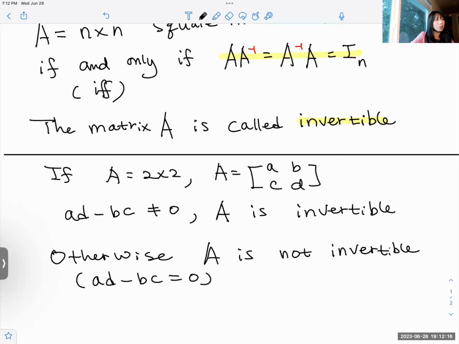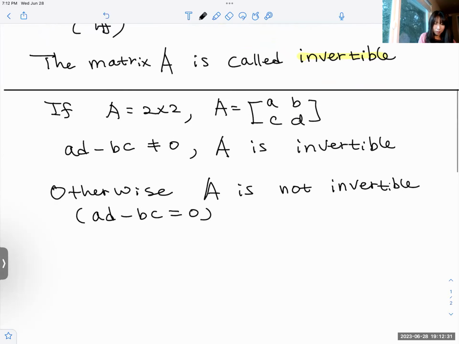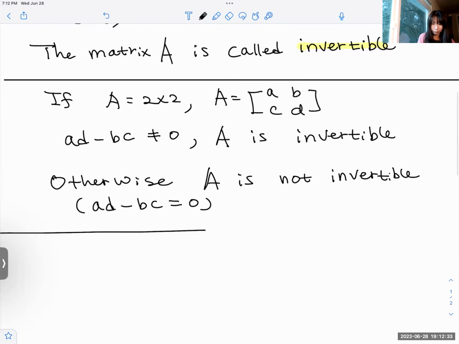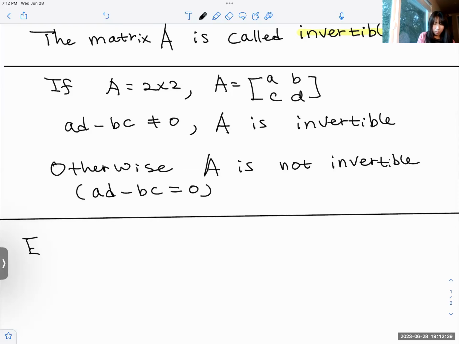Okay, let us do this one. So we're going to find the inverse of the matrix A equal to [1, 1; 1, 2].